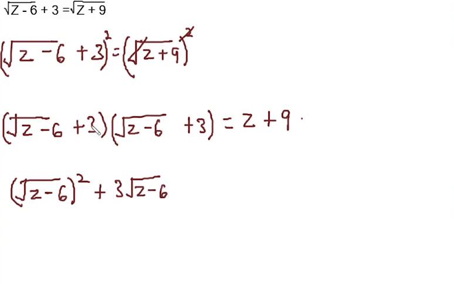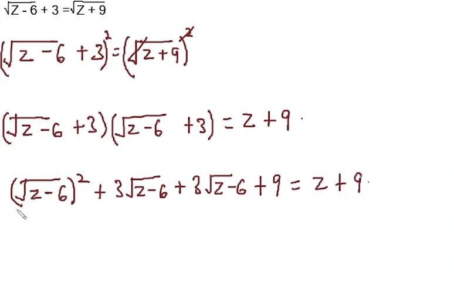And then for the second part of the first bracket, 3 times square root of z minus 6 is plus 3 square root of z minus 6. Then here we have 3 times 3, which is 9. So this is equal to, our right hand side is z plus 9.